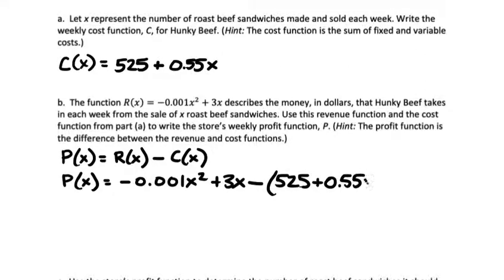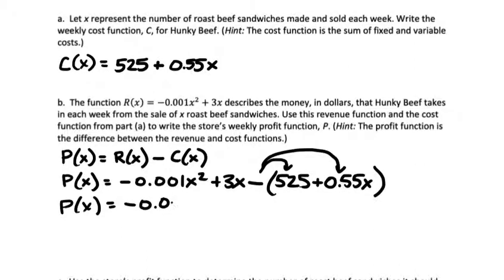Now notice I'm putting this in parentheses when I'm plugging it in. This is very important because both of these pieces of the cost function are subtracted from the revenue. So I'm subtracting the $525 from my revenue, and I'm subtracting 55 cents per sandwich from my revenue to get my profit. So now I'm going to distribute that minus sign and simplify.